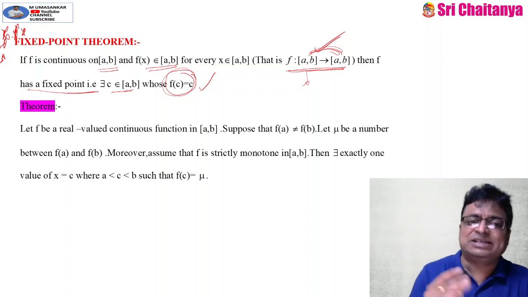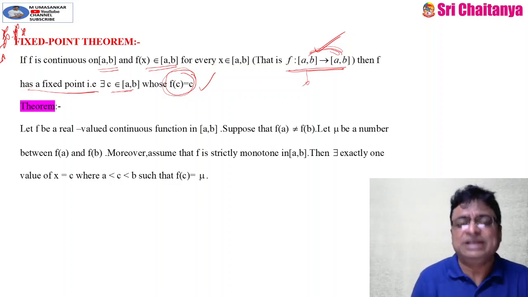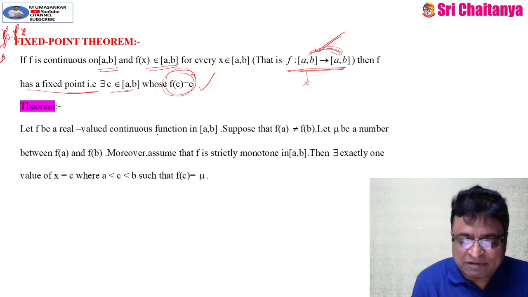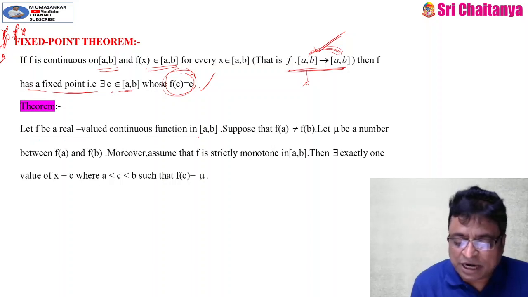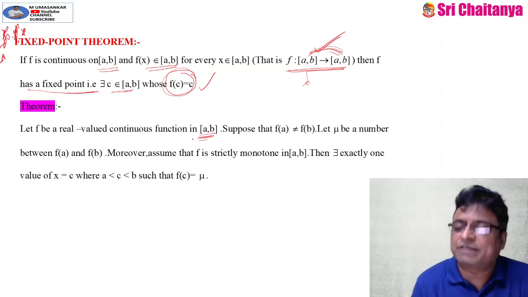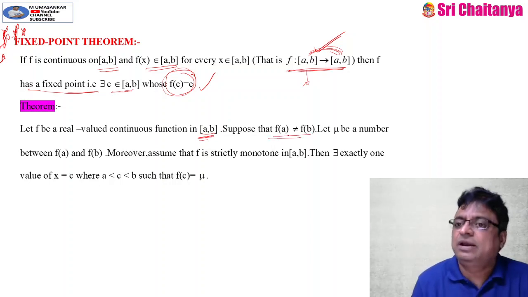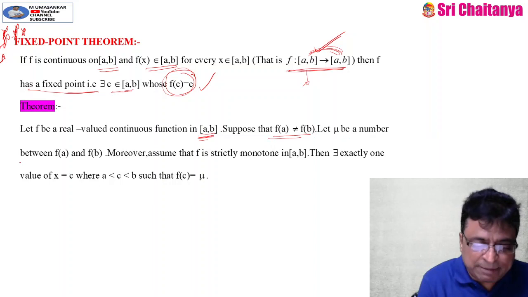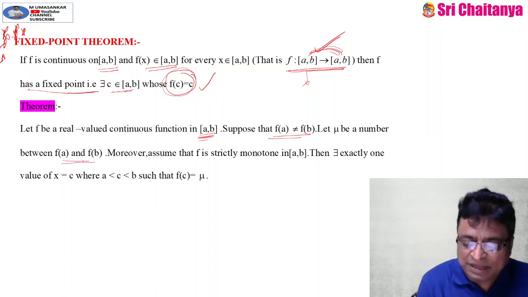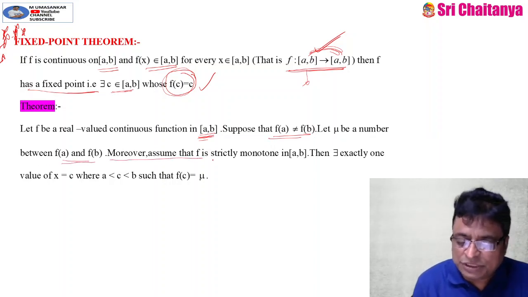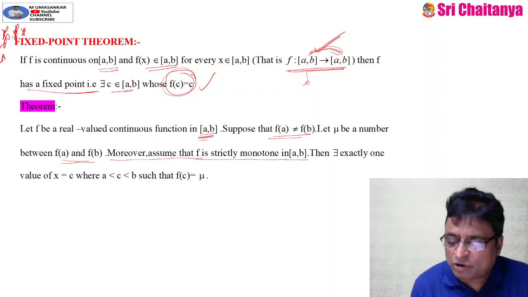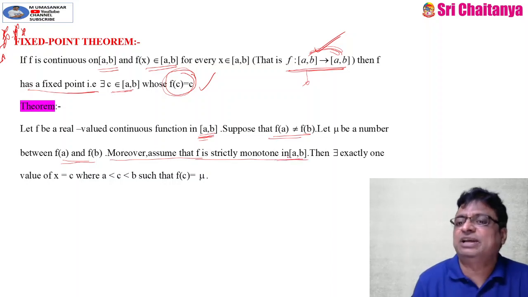See, it is also a very, very important theorem. What is that? Suppose f is a real valued continuous function defined in a closed interval a b, and f of a is not equal to f of b. Let mu be a number between f of a and f of b. Moreover, assume that f is strictly monotonic in closed interval a b.